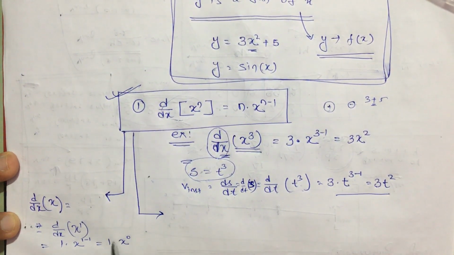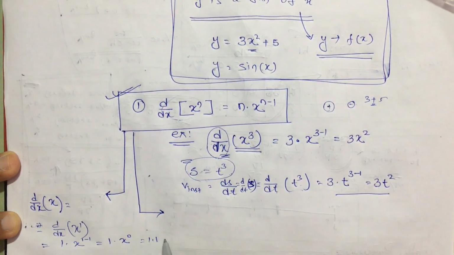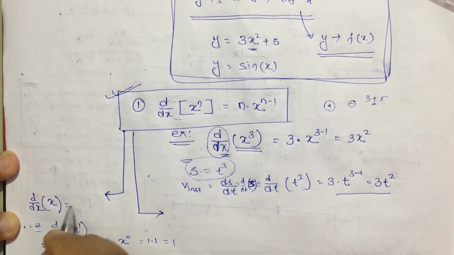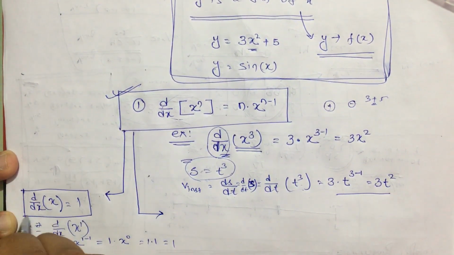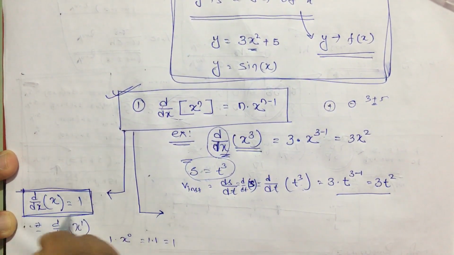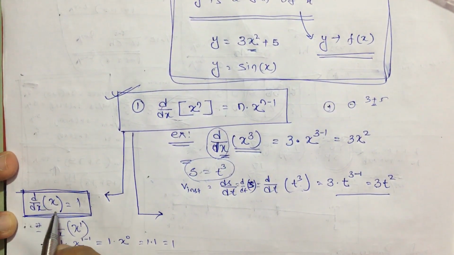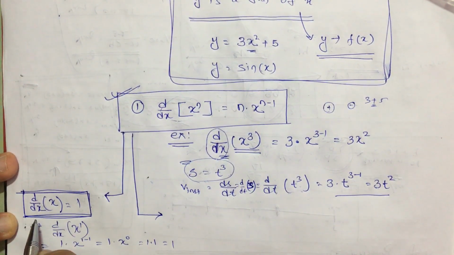But x to the power 0 is 1, so it is 1 into 1, or the answer is 1. So here you have to remember this, because you cannot do this many steps in the exam. So you have to remember that d by dx of x, the derivative of x with respect to x, is going to be 1.